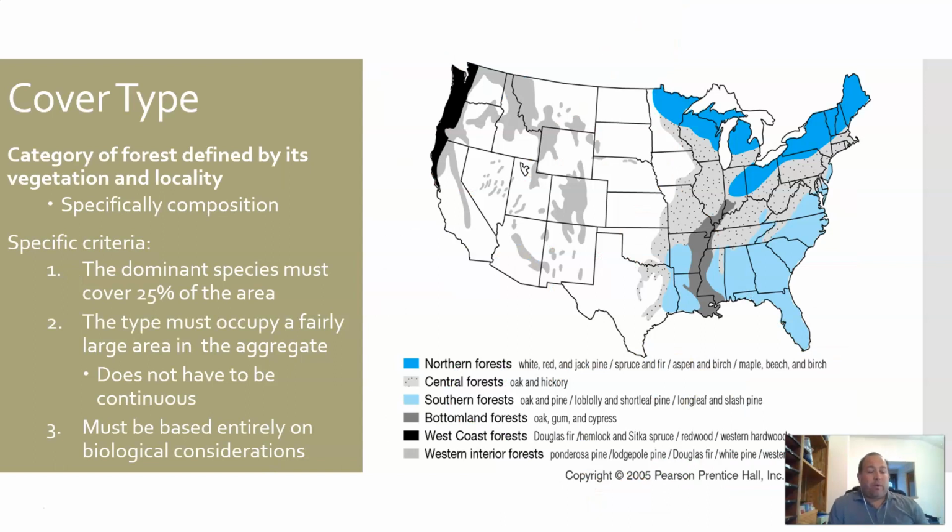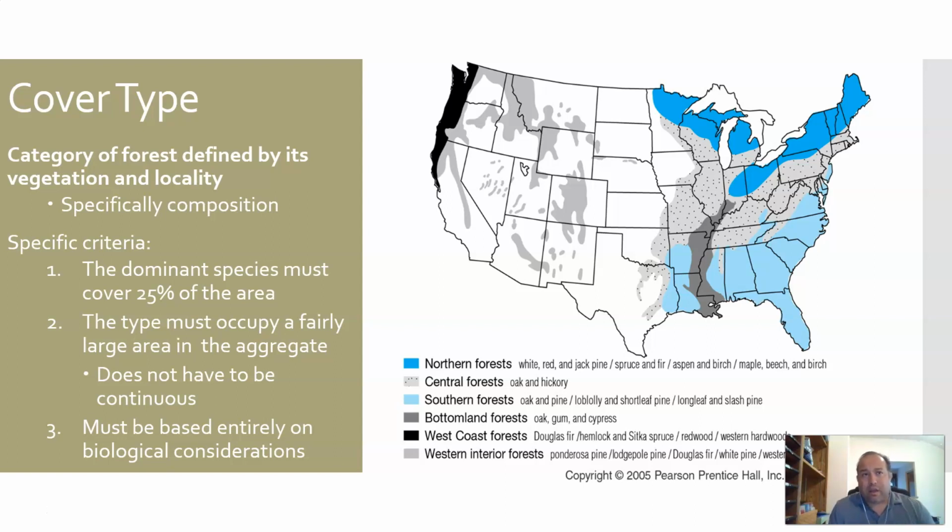The way that we're going to break it down into different forests is that those forests are going to be separated by cover type. When we're talking about cover type, we're talking about a category of forest being defined by its vegetation and locality, so the composition of the trees. Specifically, how are we going to define cover type?